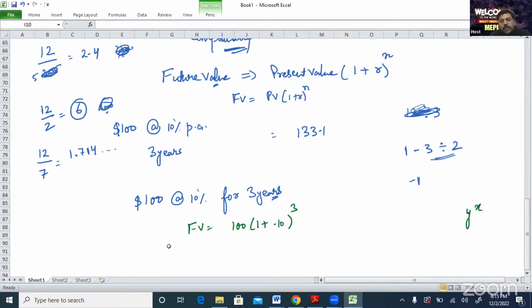Then press PV. Then PMT should be 0. Then I will go compute CPT and then future value. So 133.1.